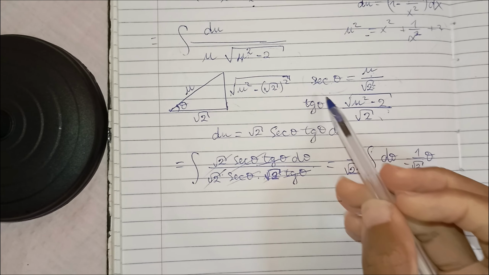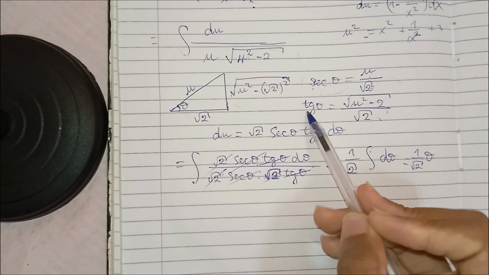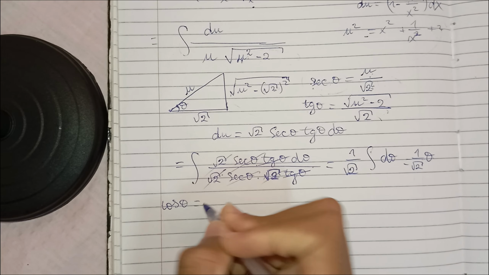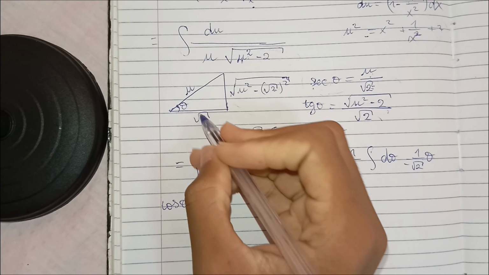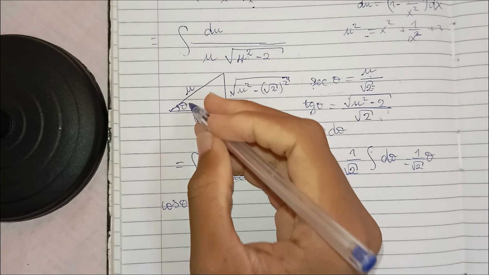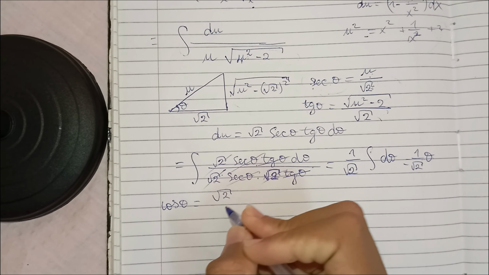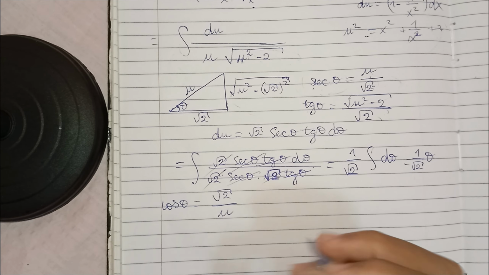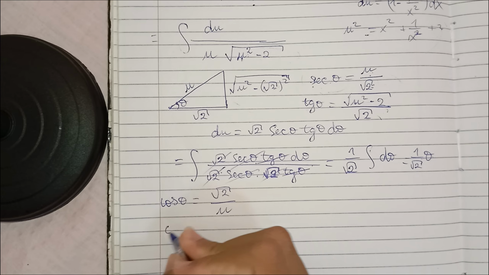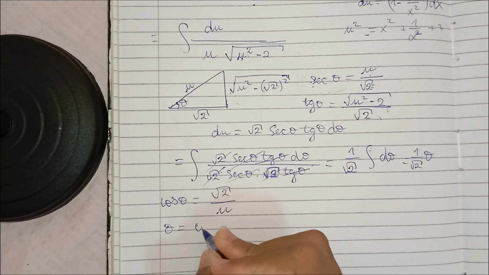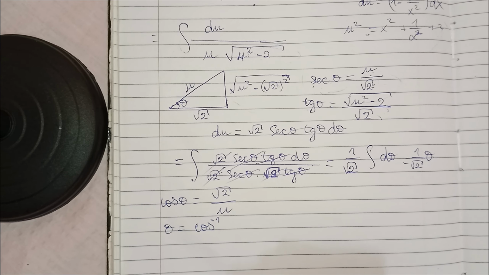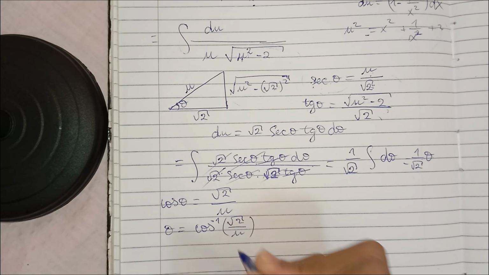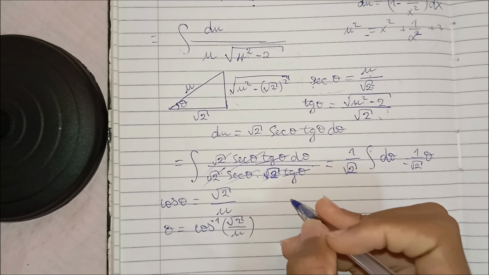Take the inverse of this, but I will take cosine. Cosine of theta is equal to what? This is equal to square root of 2 over u. So if we take its inverse, of course, we can say theta is the inverse cosine of this, right? So theta is equal to that.